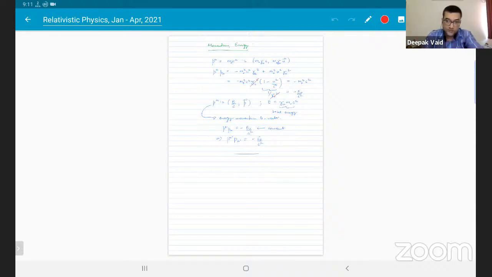It's a consequence of, so it's an apparent visual effect. It has to do with the Doppler effect and time dilation and all. So that I will talk about in the next class. I think that's really interesting.